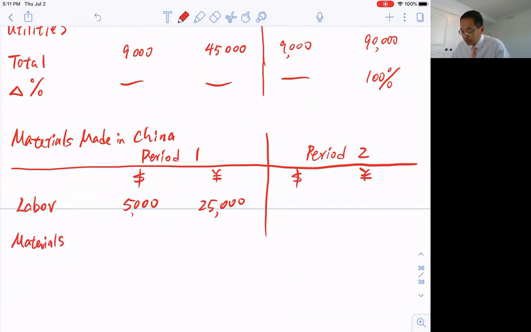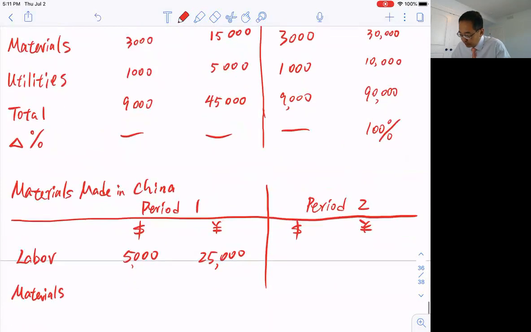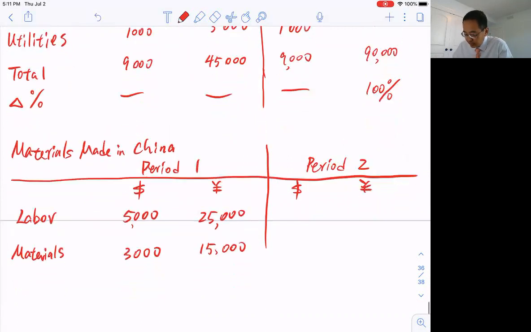Okay, and materials is measured in Chinese yuan, and let's say in period 1 it's still 15,000 yuan. Now that means it's the equivalent of $3,000. Utilities is still $1,000, which is the equivalent of 5,000 yuan.